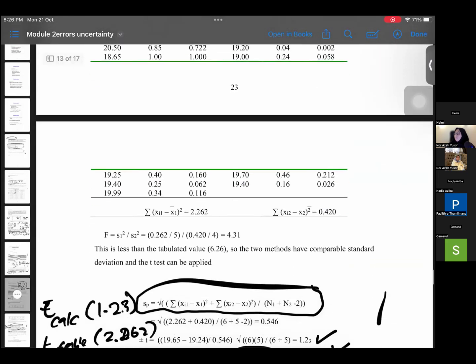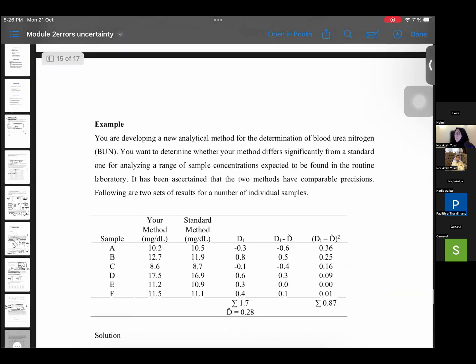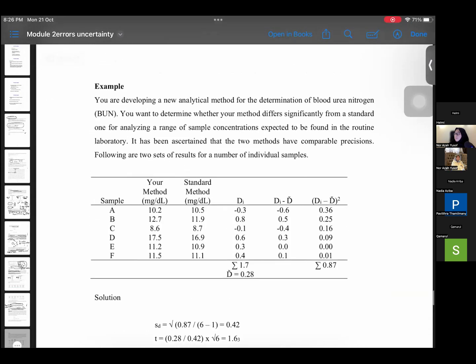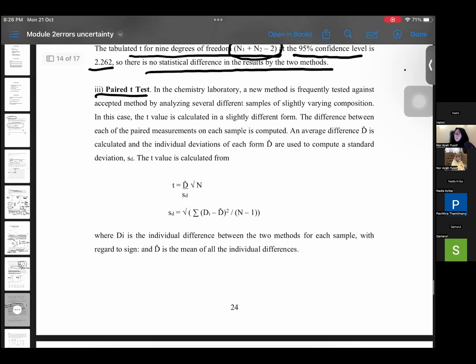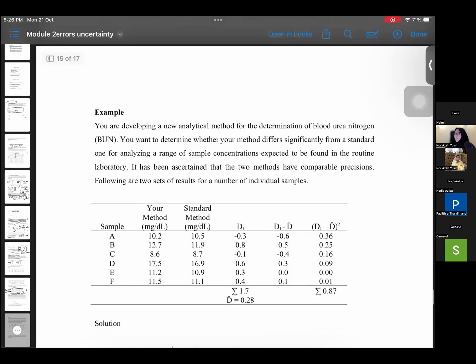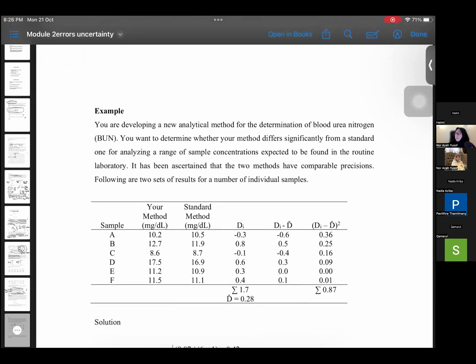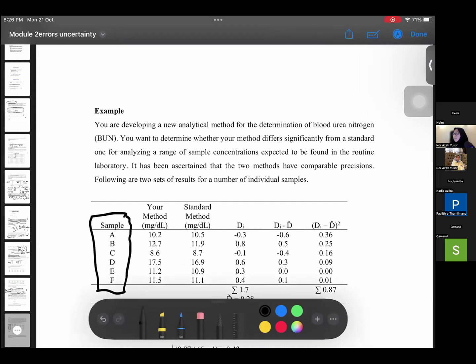But for the paired t-test, if we look at the data, you can have a different sample. Let's look at an example. You are developing a new analytical method for blood urea.